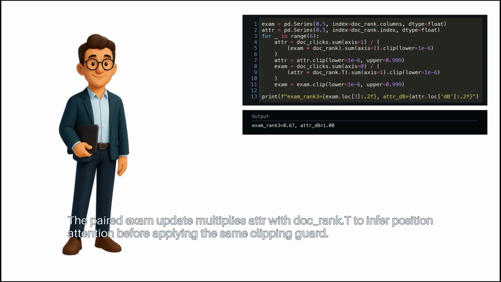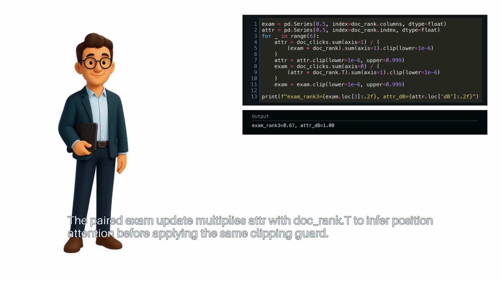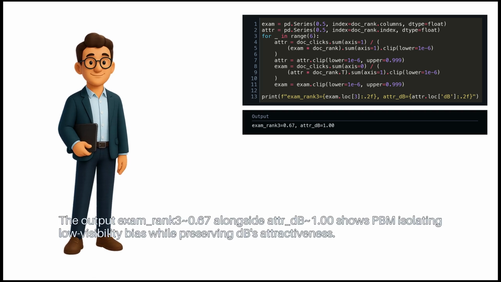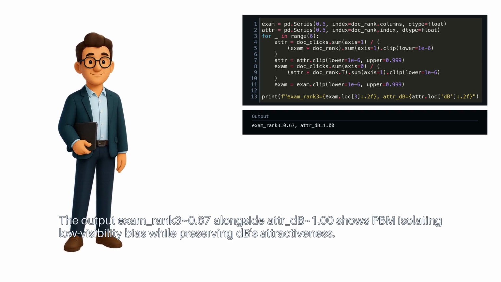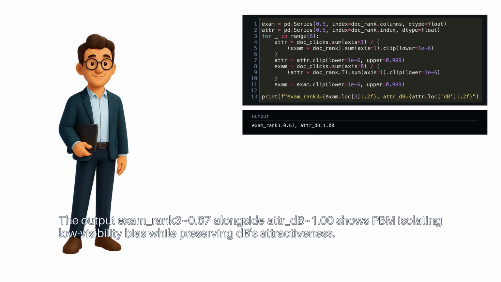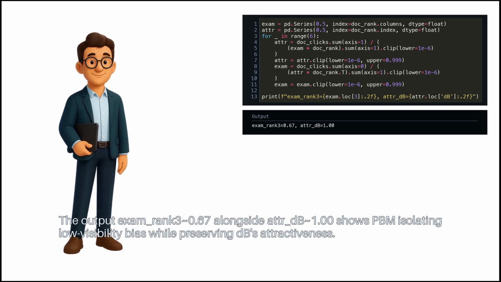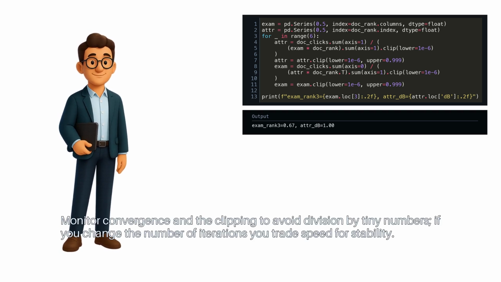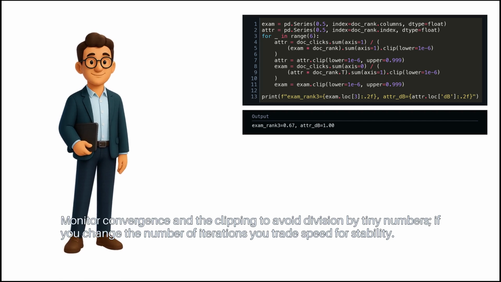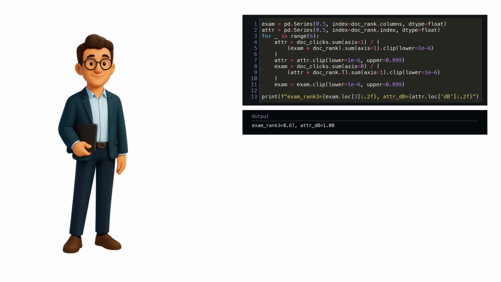The paired exam update multiplies attract with doc_rank T to infer position attention before applying the same clipping guard. The output exam rank 3 0.67 alongside attract DB 1.00 shows PBM isolating low visibility bias while preserving DB's attractiveness. Monitor convergence and the clipping to avoid division by tiny numbers. If you change the number of iterations, you trade speed for stability.